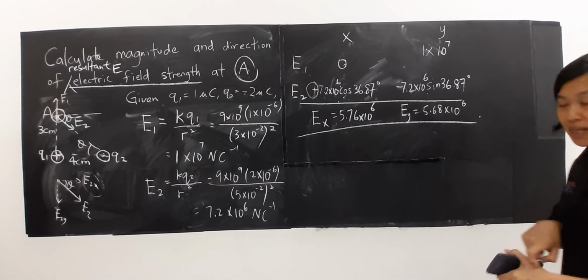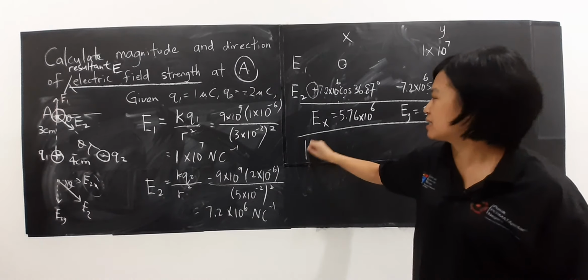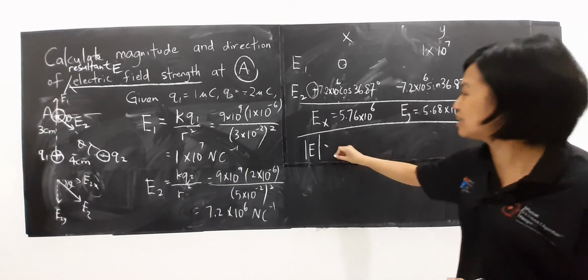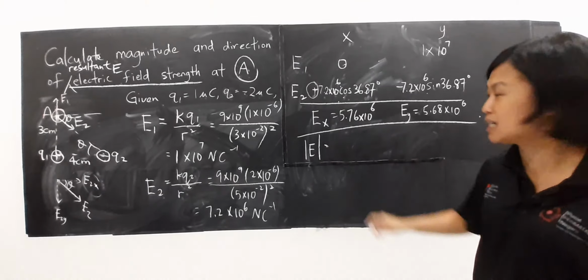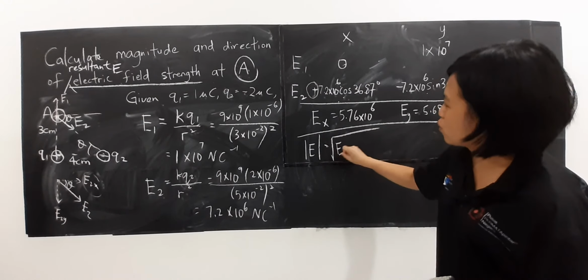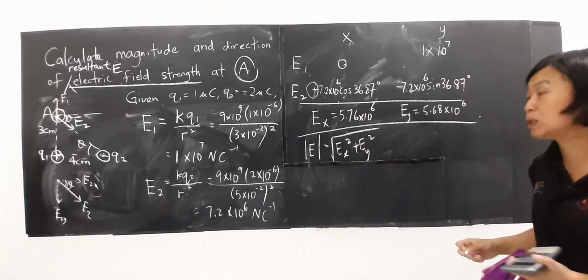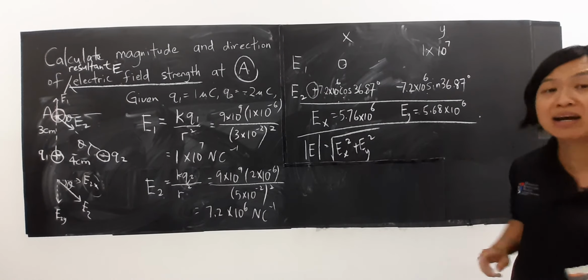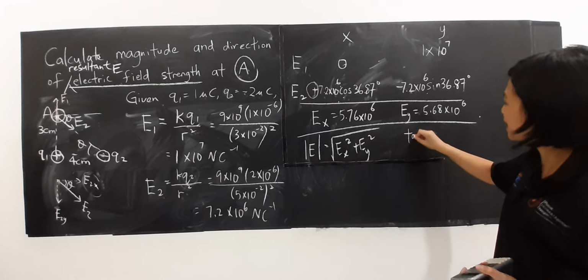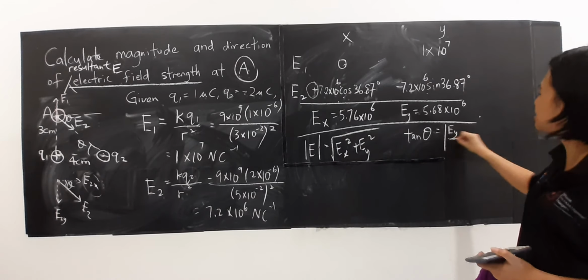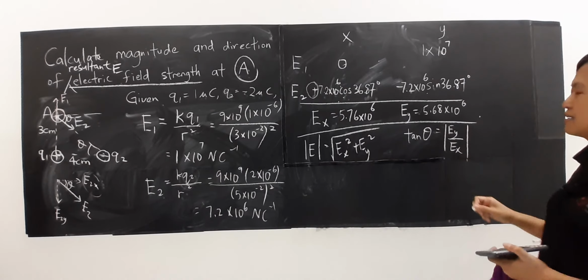So means that, okay, macam mana kita nak cari nilai untuk E? Kalau ini nilai EX, EY kita tak boleh tambah terus dua-dua ni. I have to use theorem Pythagoras. Okay, guna ini. Lepas tu kalau saya nak cari arah dia macam mana? Guna tangent angle, right? Tangent angle sama dengan EY divided by EX.